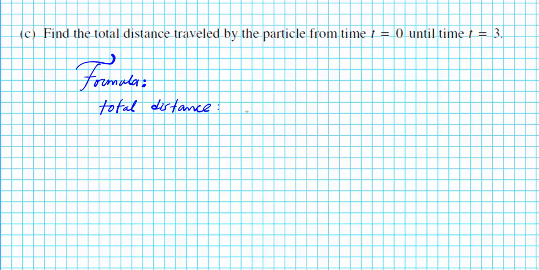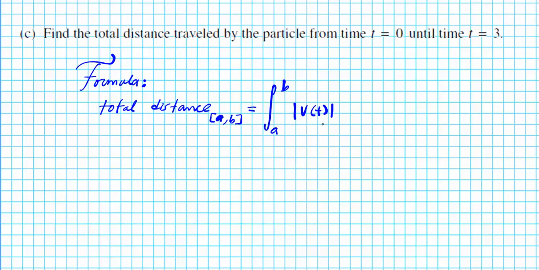So for total distance, we're going to be calculating the integral from a to b. So total distance on an interval, it will always give you an interval for total distance. So from a to b is basically the integral from a to b of the absolute value of velocity.